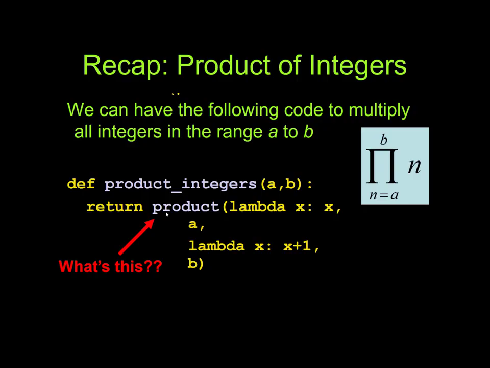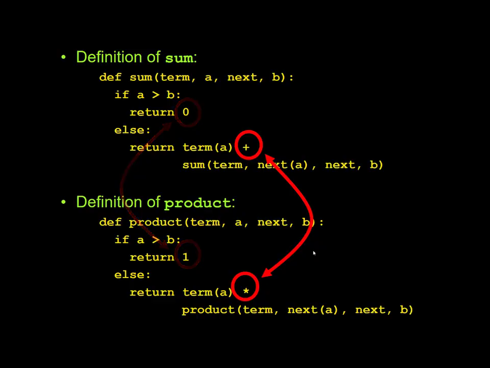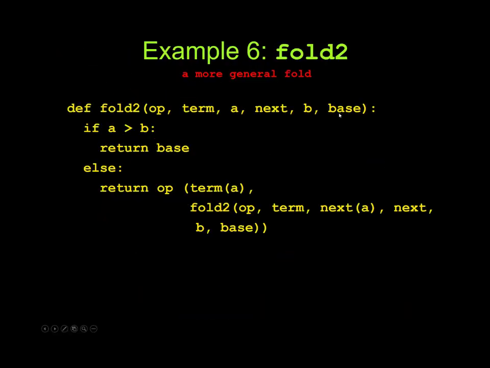So what is this product? Product looks like this, similar to the sum, with a greater than b return 1 instead of 0, otherwise returns the term times rather than plus the rest. So this is product. Once again, sum and product are so similar.